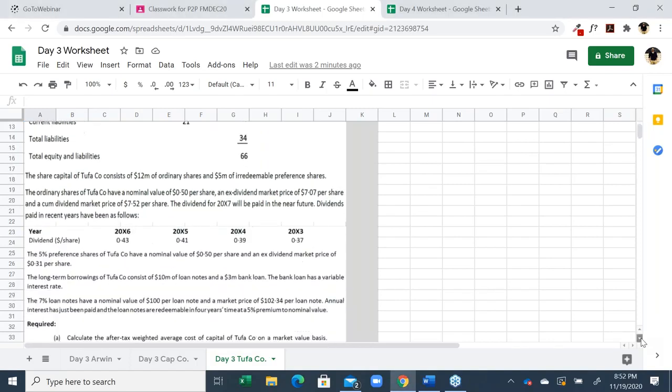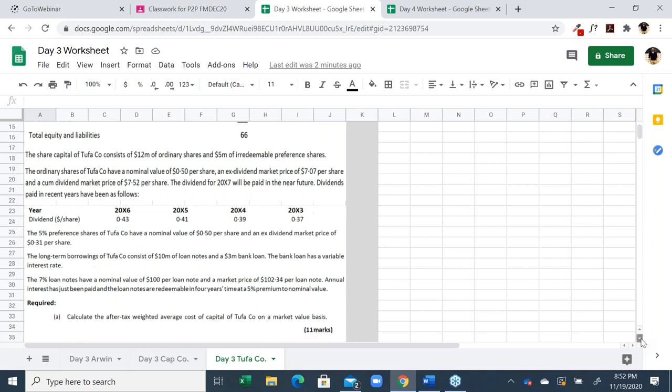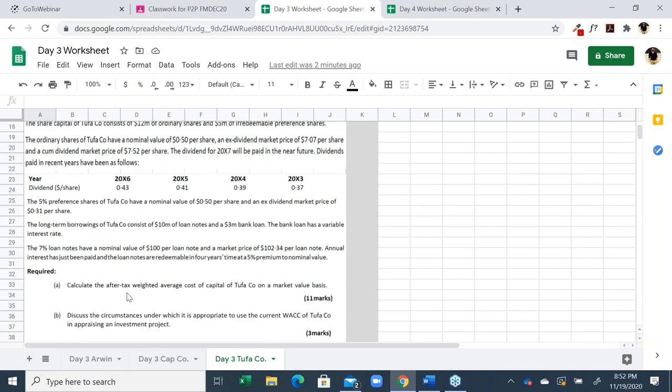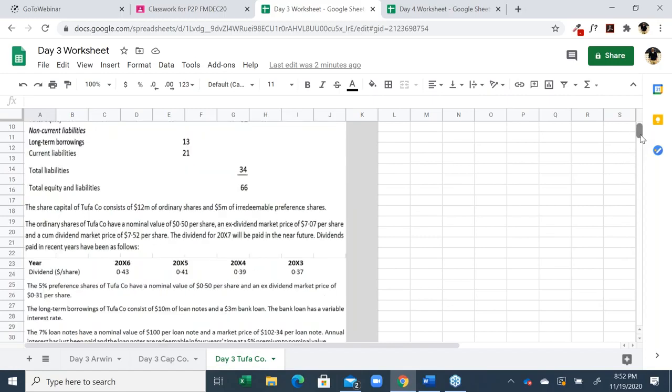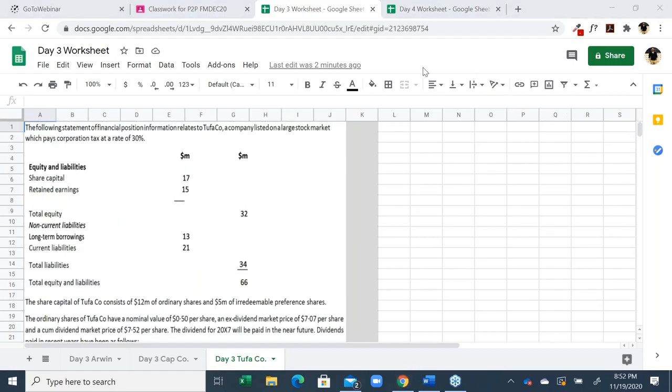What are we supposed to do in Tufa company's case? We have to calculate the after tax weighted average cost of capital of Tufa company on a market value basis. Here they have mentioned that we have to use market values as our weightages.